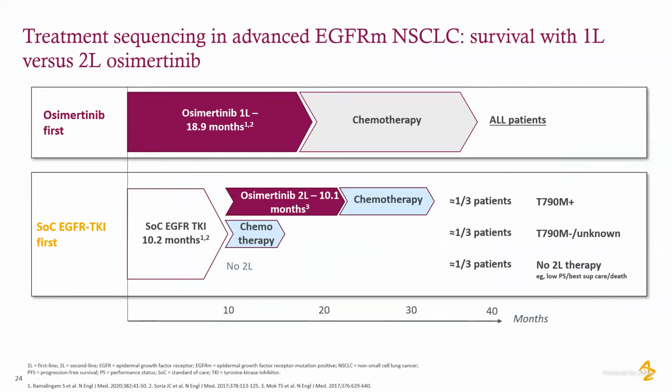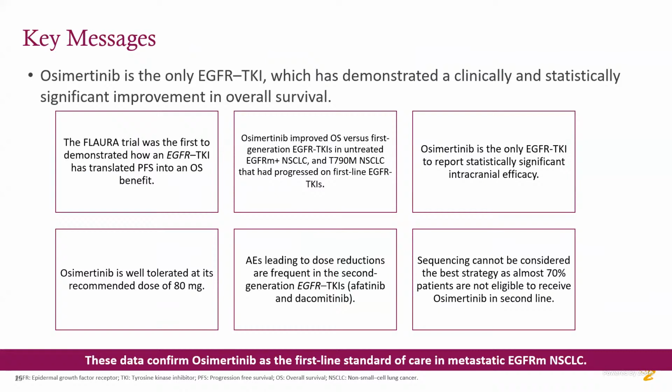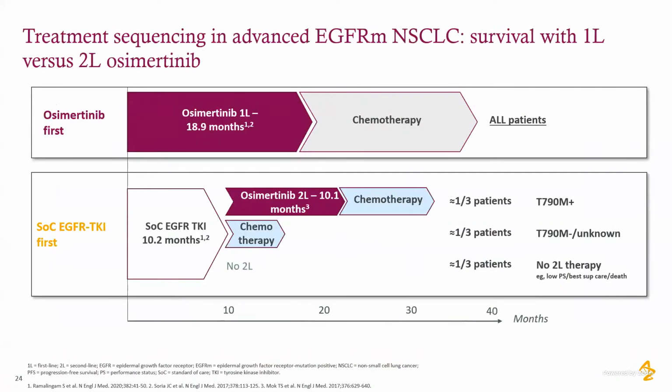Next, please. So if we give treatment sequencing, please go to the previous slide. If we sequence the treatment in this way, that we use first-line osimertinib versus second-line osimertinib. Osimertinib first line, we get this 18.9 months, and then if they progress, we go to chemotherapy.